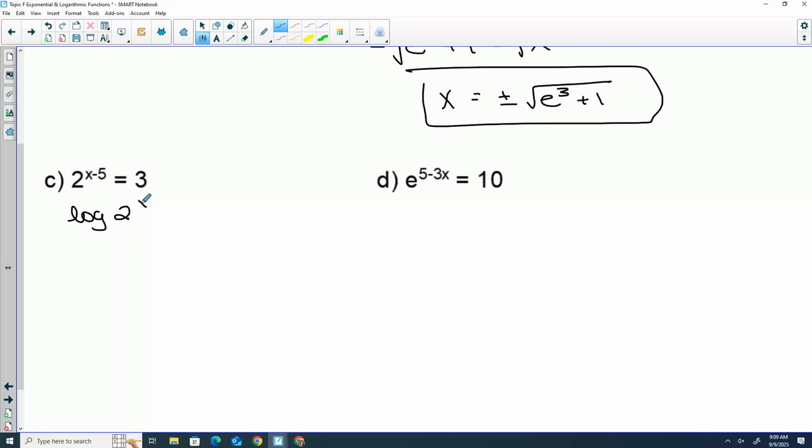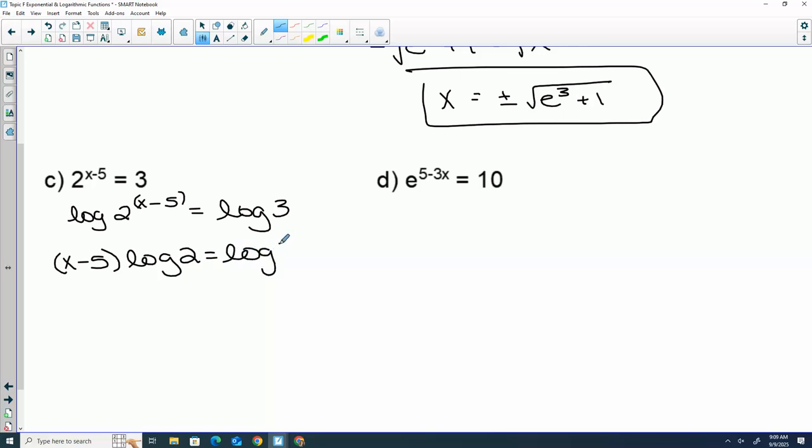Typically we just did a common log or a natural log because if we needed a decimal, those were the buttons we had available on our calculator. But technically you could do any base you wanted. The reason this is helpful is our properties of logs. Where does this exponent go? x by itself.